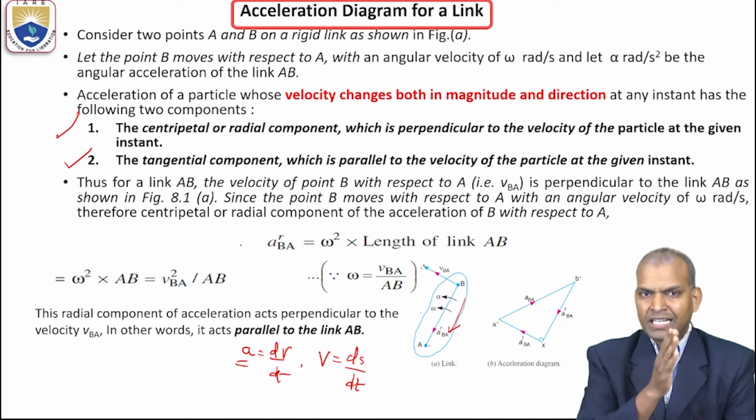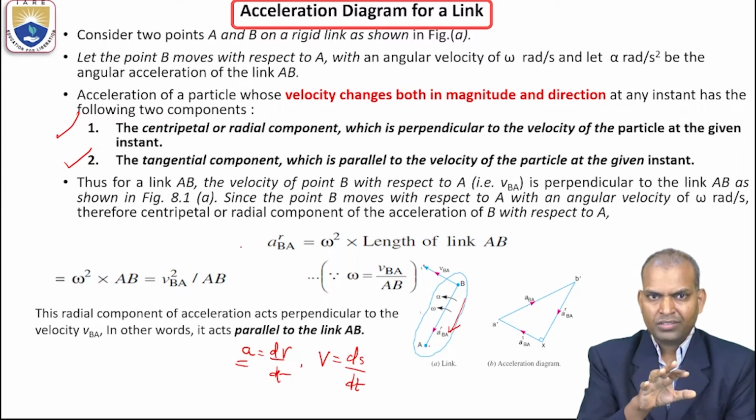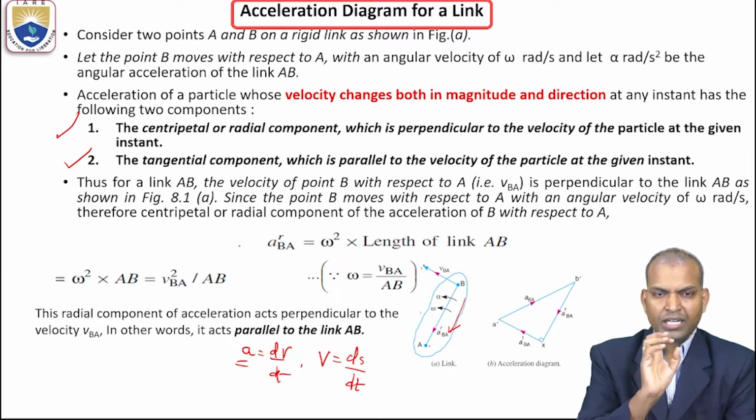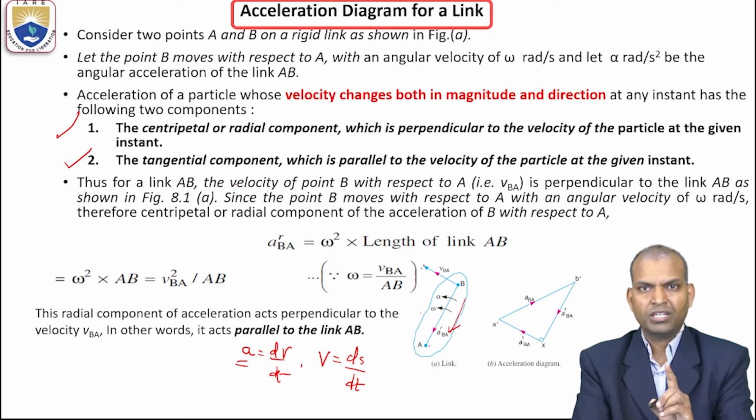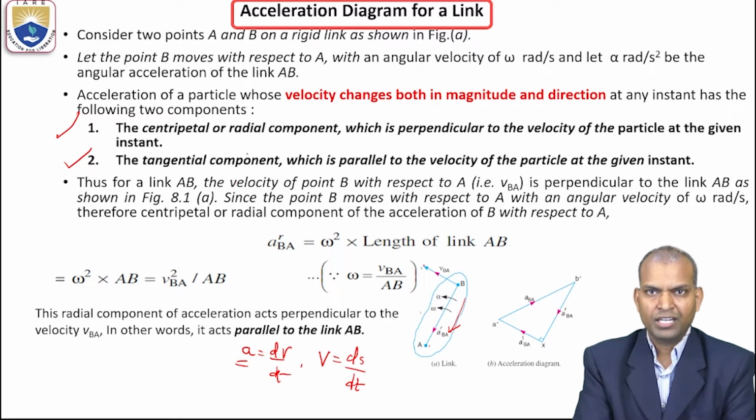And if you are considering the reference of the configuration diagram, it is opposite. If you are taking the reference of the configuration diagram and drawing the acceleration diagram, what are the rules? For the radial component of acceleration, it is parallel to the link. For the tangential component, it is perpendicular to the link of the configuration diagram.